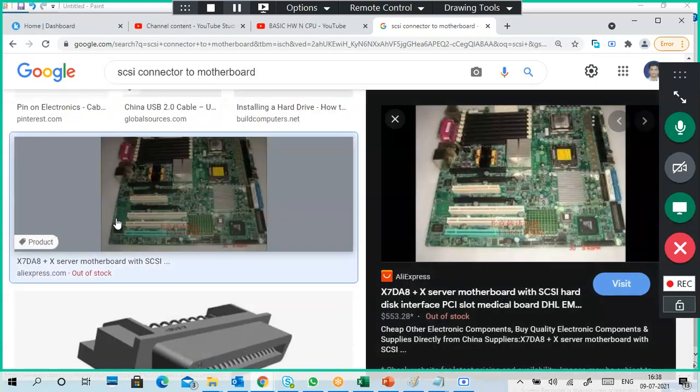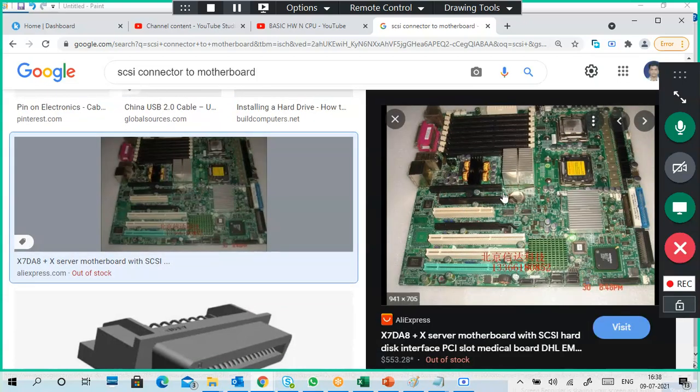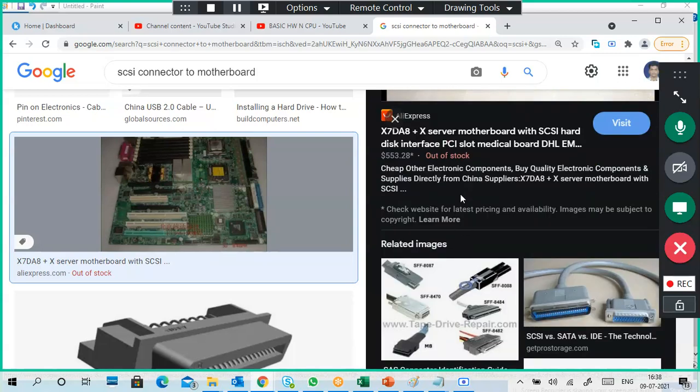Here it is. Can you see there are white bars and black bars, and another one, green or blue, sky blue or something. These bars are nothing but PCI Express slots on the motherboard.